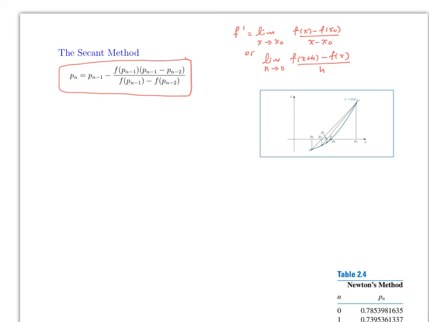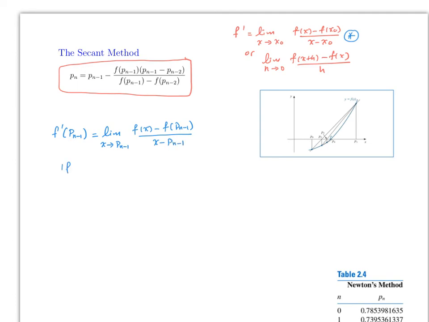Now let's go back to the calculus definition. The first one, let's call this a star. By definition, f prime of p n minus 1, the actual derivative, should be the limit as x approaches p n minus 1 of f of x minus f of p n minus 1 divided by x minus p n minus 1.